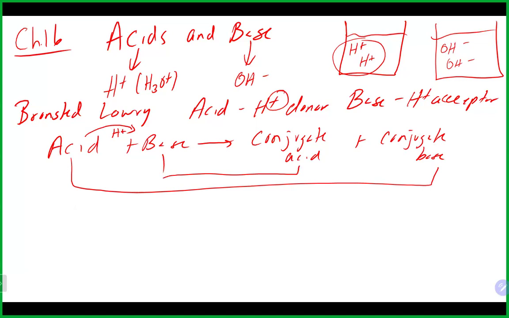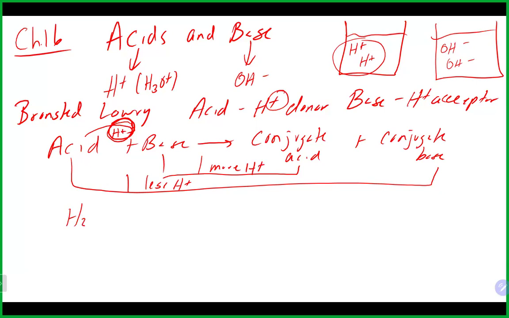For them to be pairs, the only difference should be one H+. Going from the acid to the conjugate base, we have one less H+. Going from the base to the conjugate acid, it has one more H+ as it gains it. That creates our acid-conjugate base pairs.